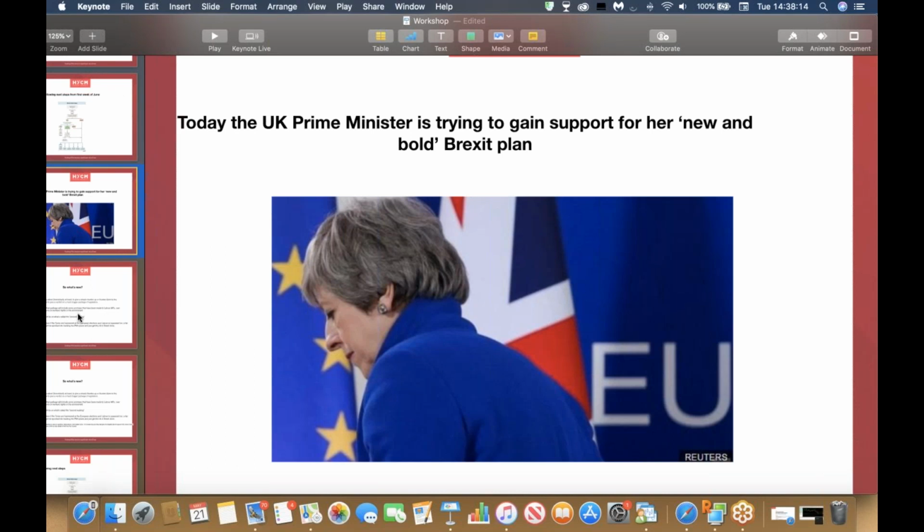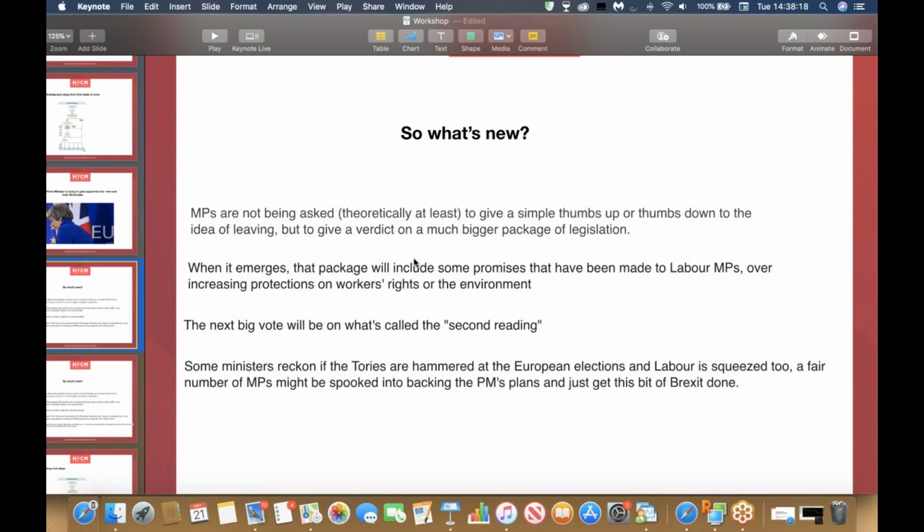Okay, so this has been billed as being new and bold. The idea is probably not going to be that new or bold, but obviously traders will be eyeing it very carefully to see if there is something that is either new or bold that will mean it's more likely for the deal to either get through or for Britain to remain within the EU in some form. So that's what currency traders will be looking at.